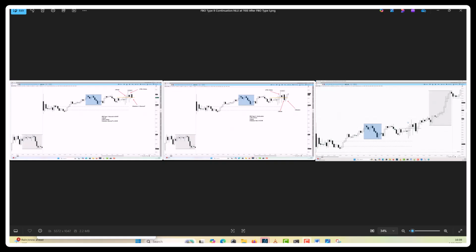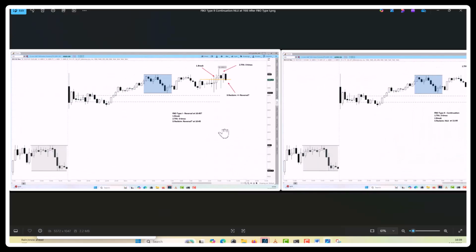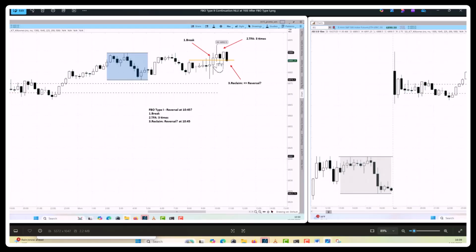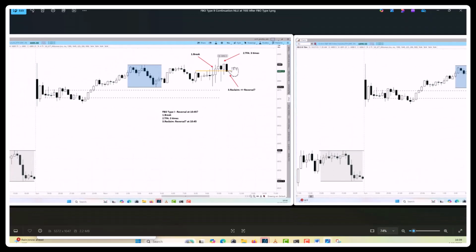In other cases, it's a continuation. Remember, price only does two things. It's going to reverse or it's going to continue. And we observe that largely type 2 happens in the continuation.